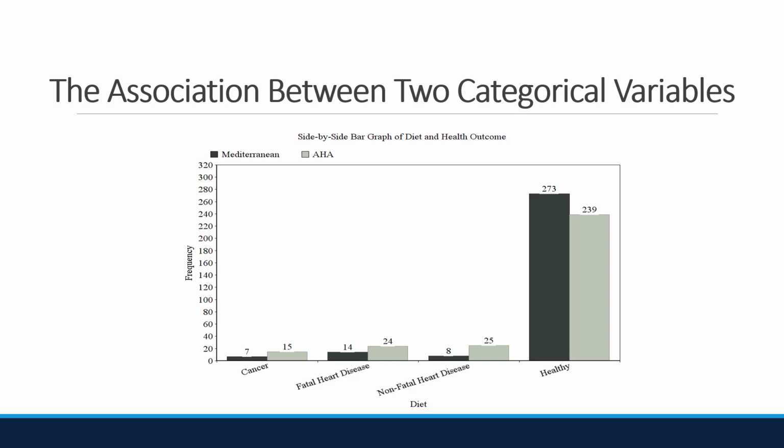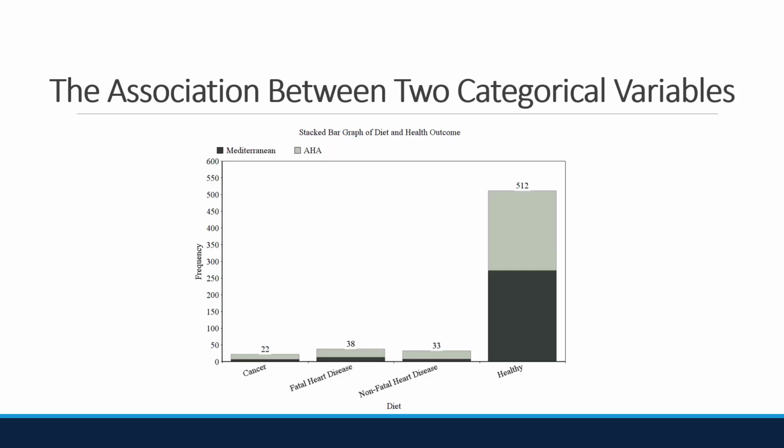So looking here, we see the different outcomes along the bottom for the two different types of diet, both Mediterranean and AHA. A stacked bar chart is like a side-by-side bar chart, but the bars are stacked instead of side by side.